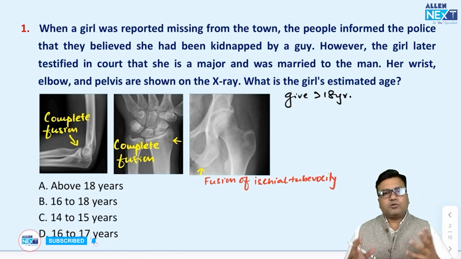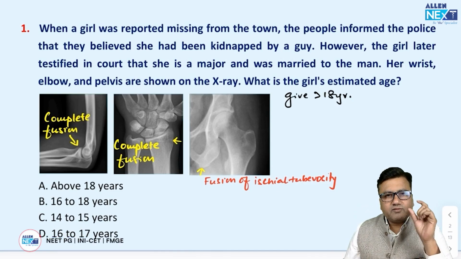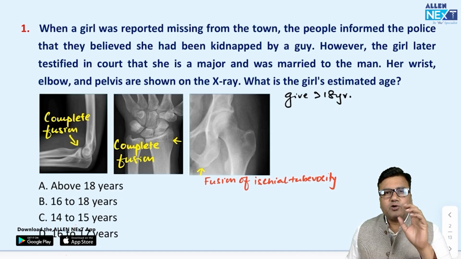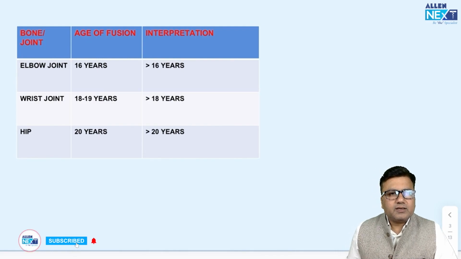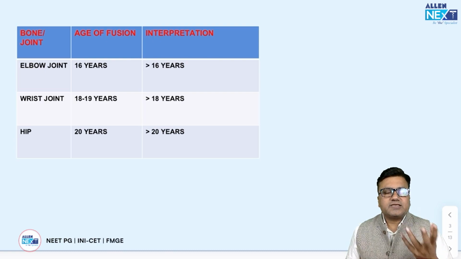Okay, so if we look at the fusion table of these three very important x-rays for estimation of age, what do we see? We find that when we look at the elbow joint, if everything is fused, the age is 16 years.